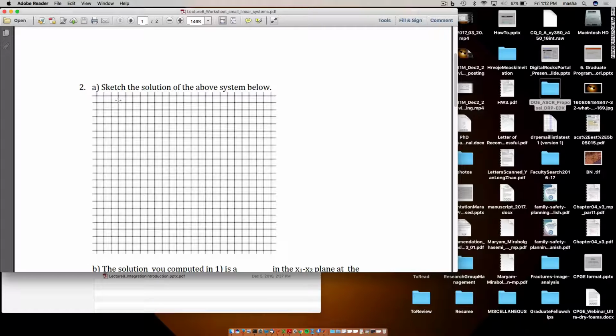I'm going to refer to the first, second, and third rows with Roman numerals, so I distinguish them from the regular numbers. If I do 2 times row 1, I'm going to have minus 6, plus 6 gives me a 0.